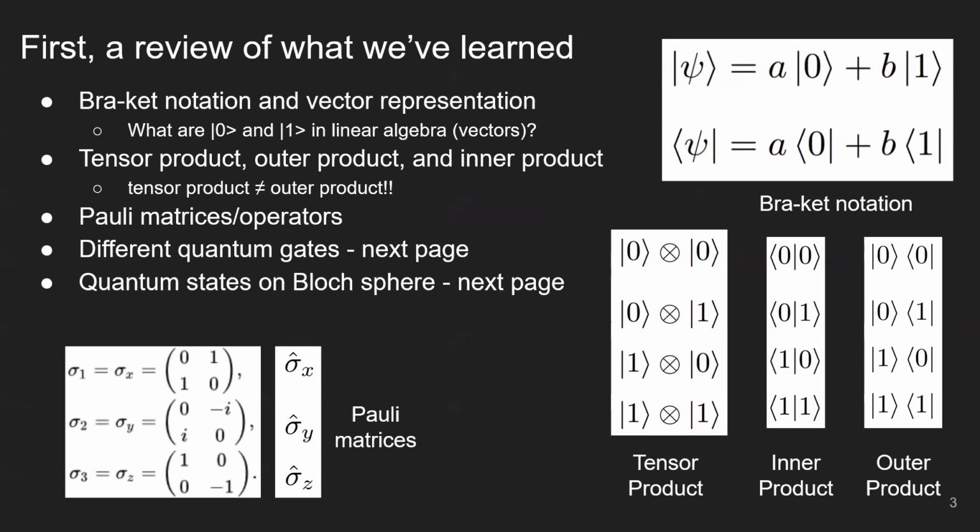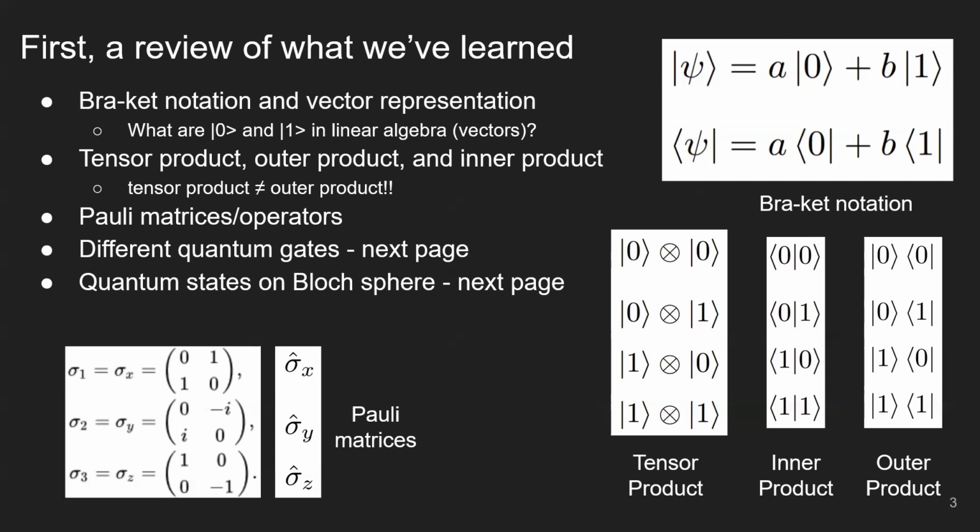So Bra-Ket notation up here. On the very top, we have the ket of a quantum state, right? We have this variable, just some quantum state psi. And then we have 0 ket and 1 ket, which are kind of your basis vectors, if you know linear algebra.